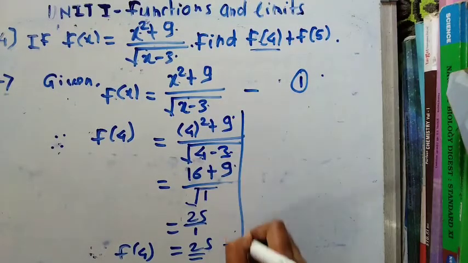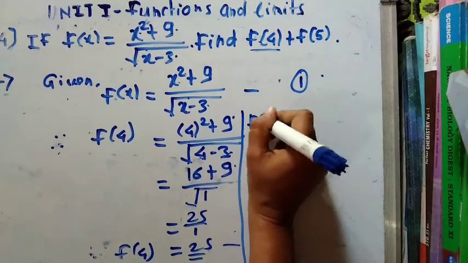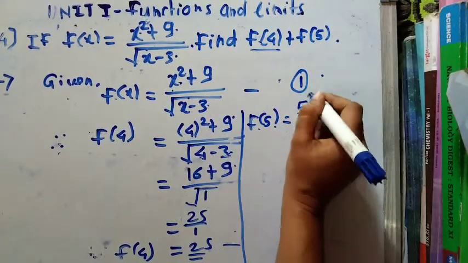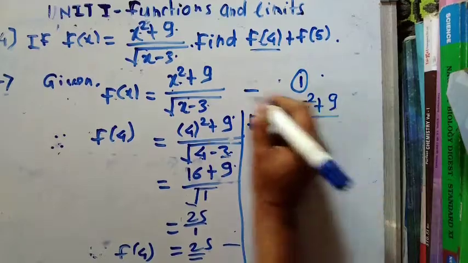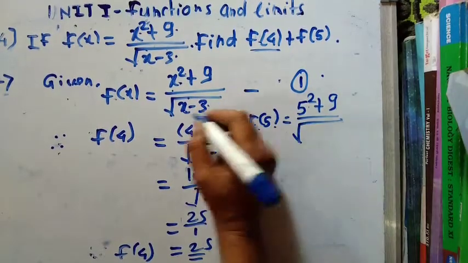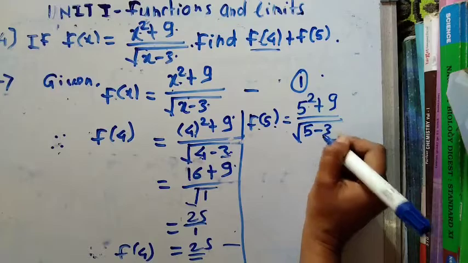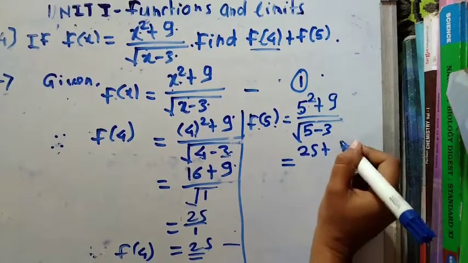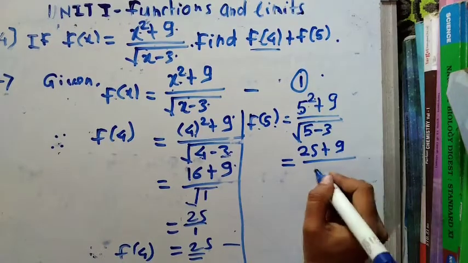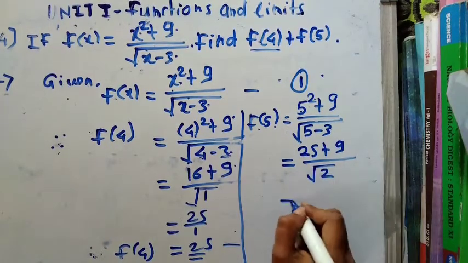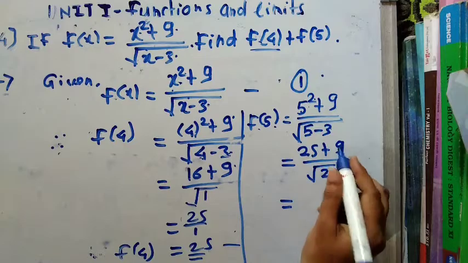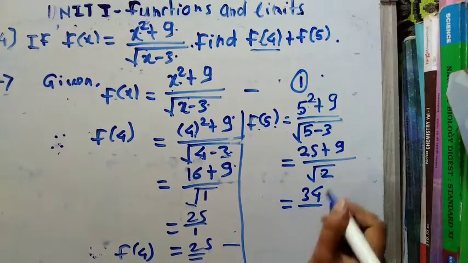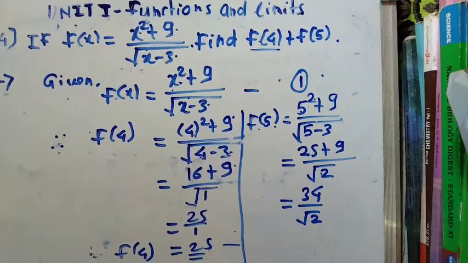Similarly, find out f of 5. So f of 5 here, 5 square plus 9 divided by square root of 5 minus 3, which is equal to 5 square is 25 plus 9 divided by 5 minus 3 is root 2. 25 plus 9 is 34 divided by root 2.